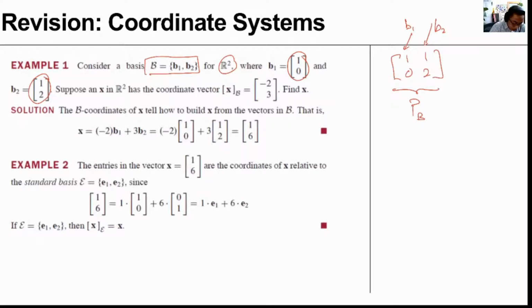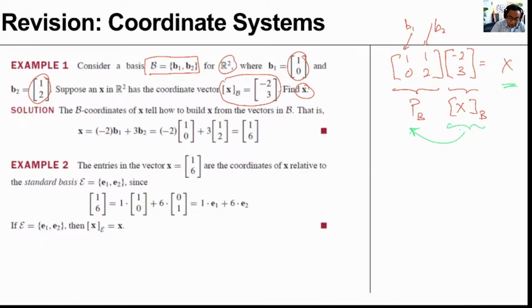We are given that the coordinate vector of x using the B basis is (-2, 3). So what it means is that this is [x]_B, using the basis B, which is (-2, 3). And we are asked to find x. So the formula to find x is nothing but multiplying [x]_B with the basis, and we would get x.